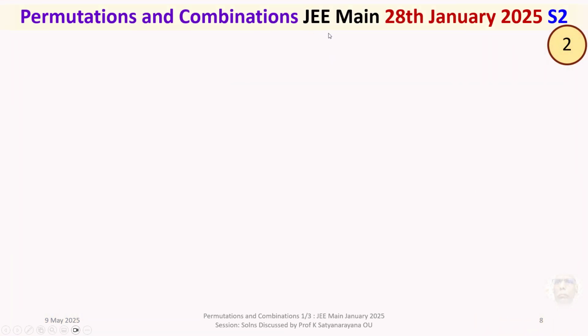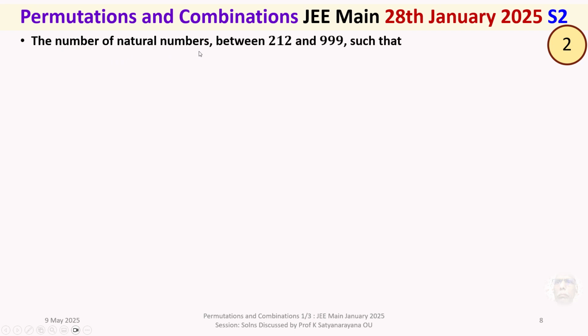This is the question that appeared in the JEE Main exam held on 28th January 2025 in the second shift. The given problem is: the number of natural numbers between 212 and 999 such that the sum of their digits is 15.